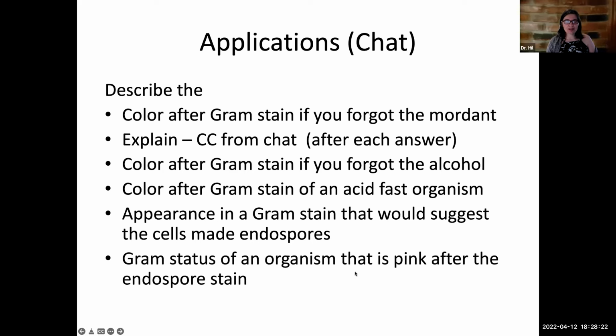Okay, let's suppose that you do an endospore stain, and at the end of it, the cells are pink. What is their Gram status?